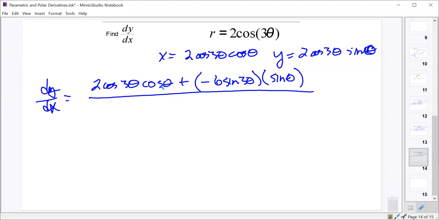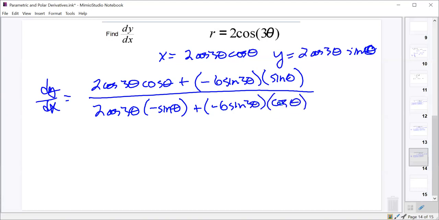And then our dx d theta should become 2 cosine 3 theta times the derivative of the cosine, which is negative sine theta, plus the derivative of our 2 cosine 3 theta, which is negative 6 sine 3 theta, times the cosine theta. And again, you can divide by the 2's if you want to. But is that what you guys all got?